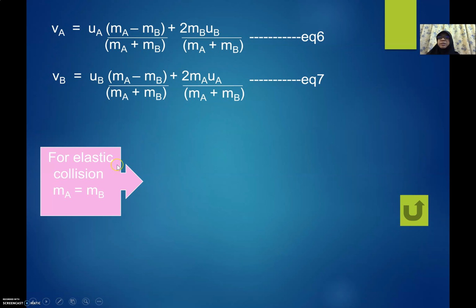For elastic collision, MA equals MB. So we will substitute these values into the equation as the same values. Okay, first we do equation 6. So now MA and MB are equal, so that means this expression becomes 0.